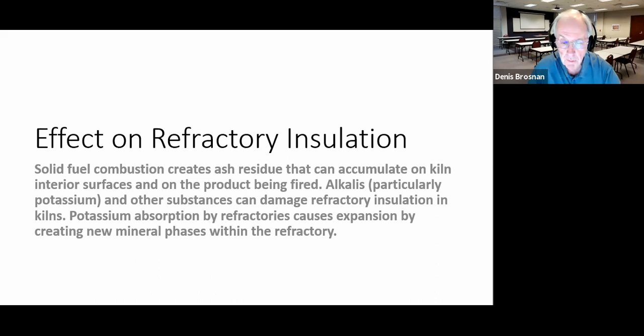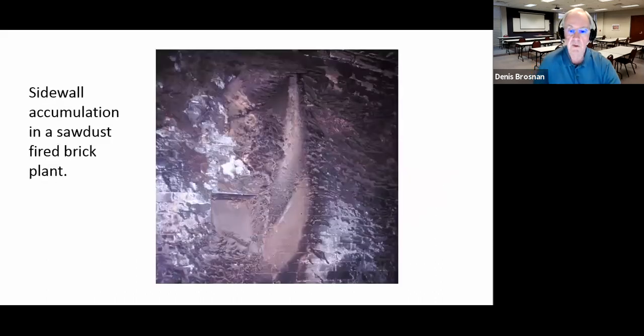So I have seen this reaction in refractories used in refineries, chemical reaction. I've seen it in the brick industry. So we're going to talk about it just a little bit. First of all, let me show you something about the accumulation of wood ash residue as a solid deposit on the sides of a kiln.